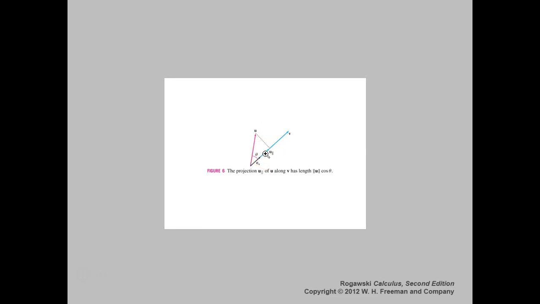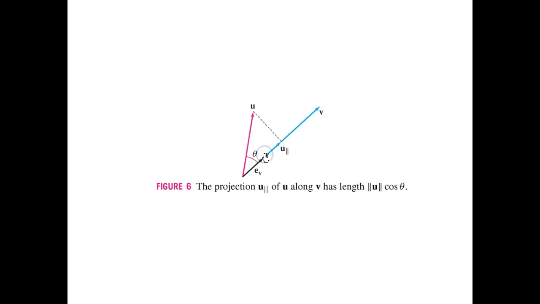Without actually doing the exercise or examples, here's this one. Now this is another very common and frequent use of dot products, when we're talking about a projection of one vector along another vector.